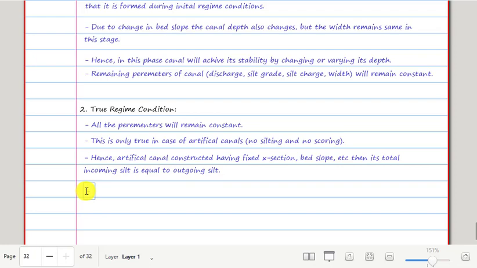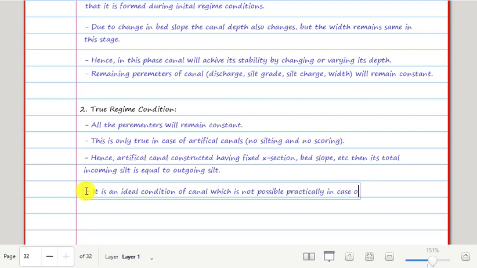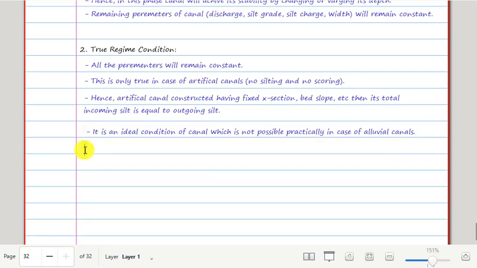This condition is an ideal condition of canal which is not possible practically in case of alluvial canals, okay. That's it.